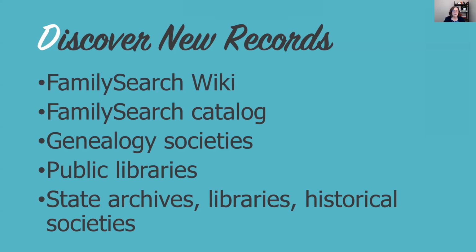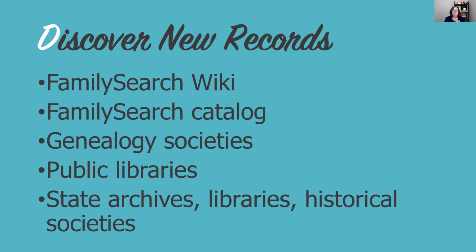I immediately got a response that they acknowledged that they received my research request. And within a week, I actually had a digitized scan of the title page of the book and the page that the record was on that I was looking for. So use these other resources that aren't necessarily the big mega genealogy sites.